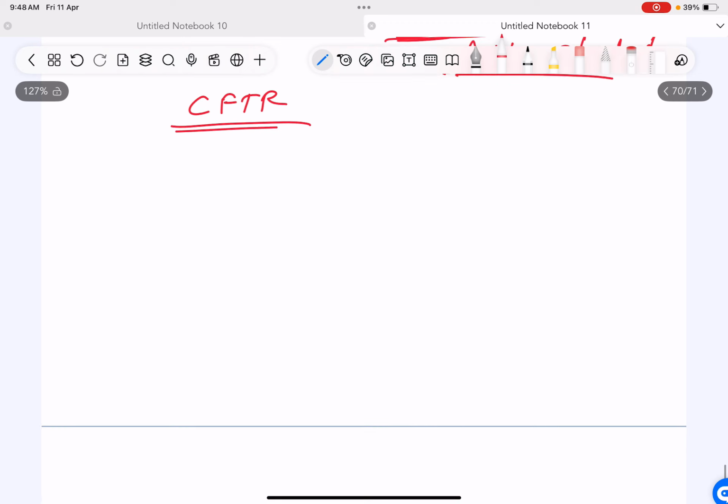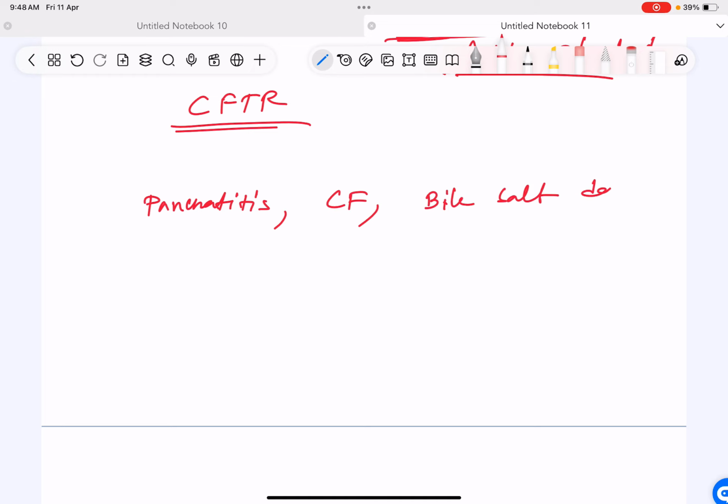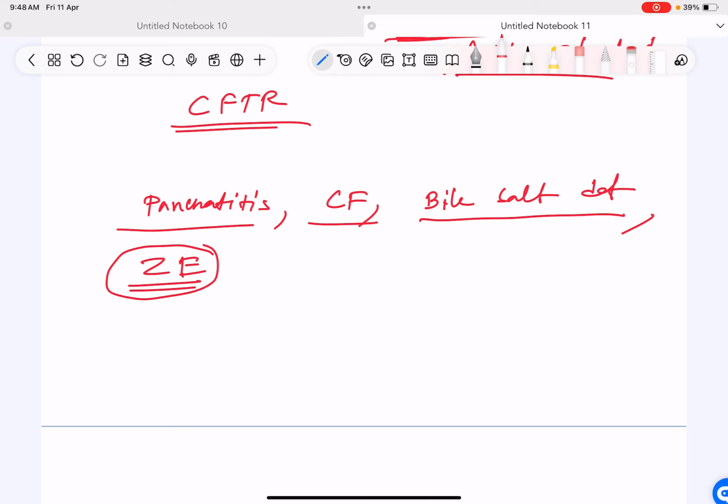So we discussed pancreatitis, cystic fibrosis, and bile salt deficiency. All of these are intraluminal causes of malabsorption. Then Zollinger-Ellison syndrome, we know what it is. It's a gastrinoma. There is a tumor in the gastrinoma triangle known as Passaro triangle.